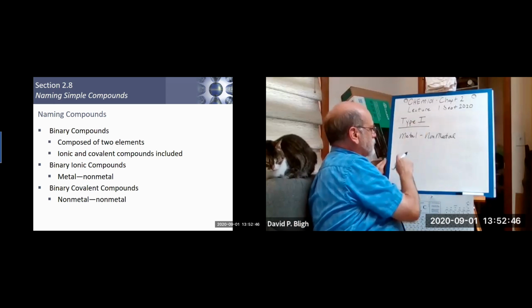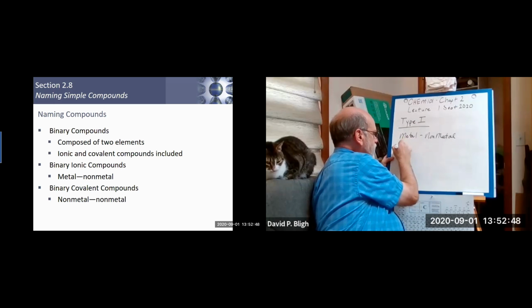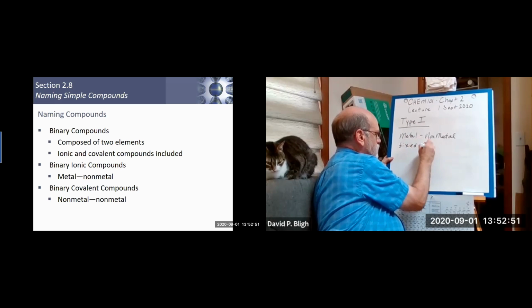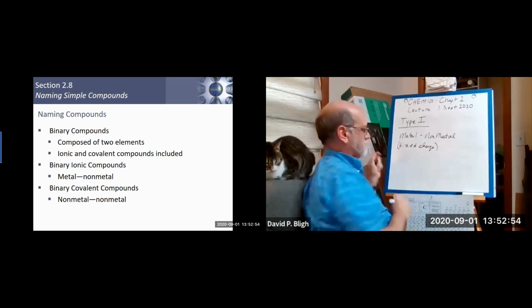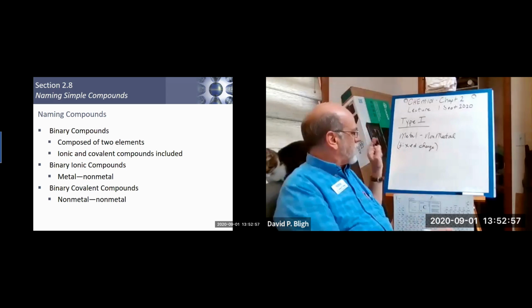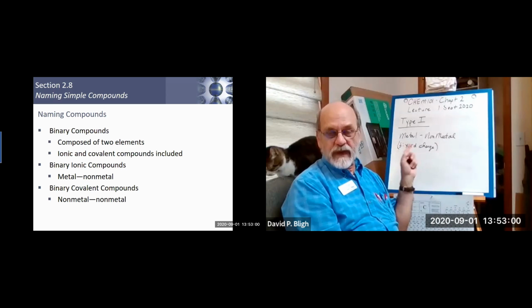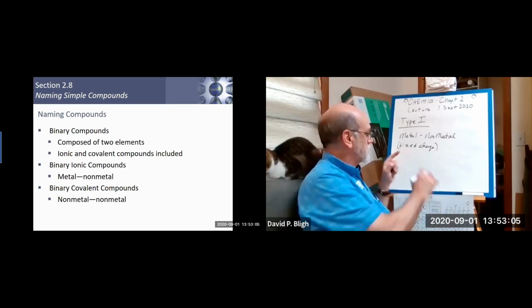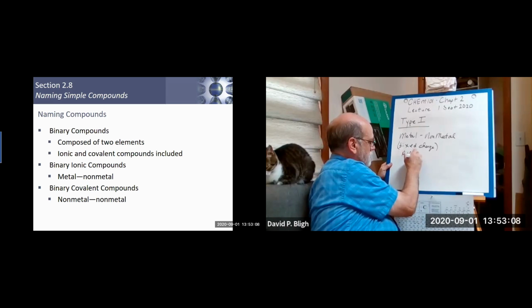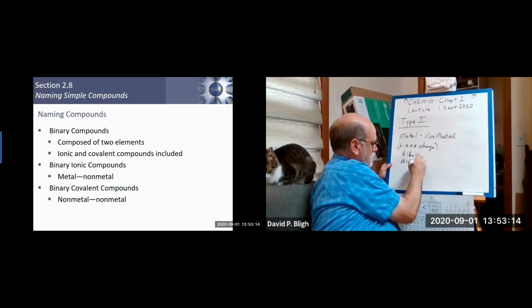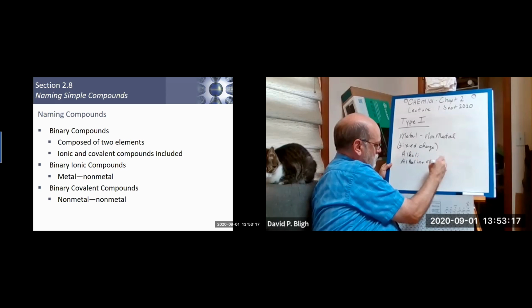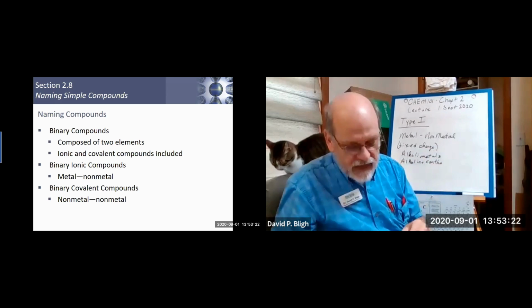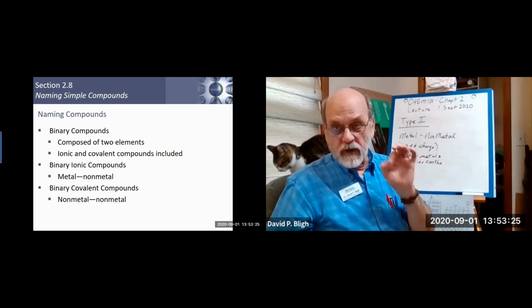And for type 1 compounds, the metal always has a fixed charge. So where can those metals come from? Those metals can only come from alkali metals and alkaline earths, because they're the only ones that have a fixed charge of either 1 or 2.